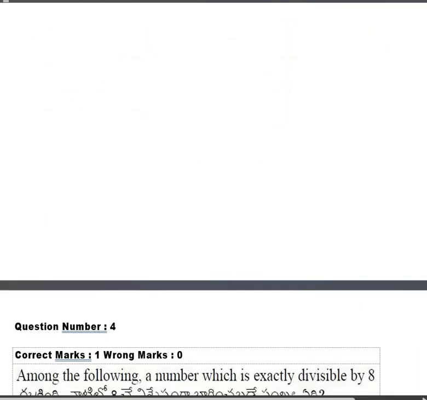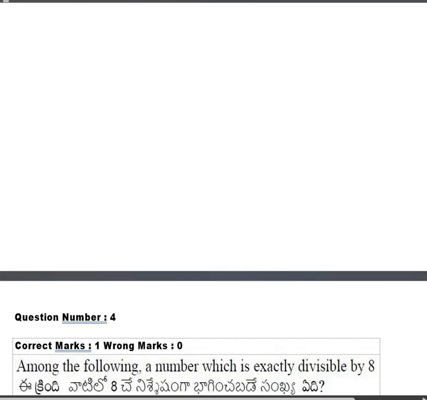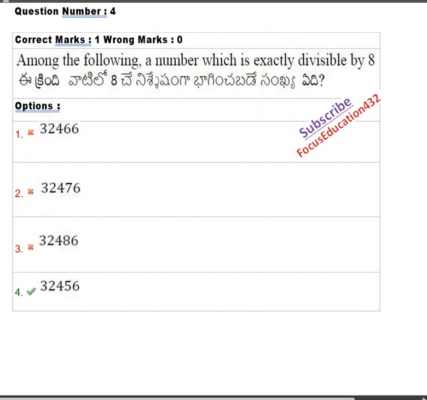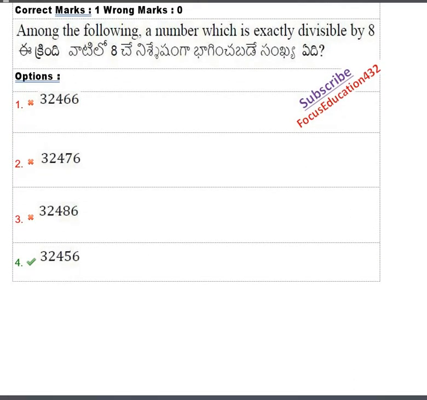Now we move to the fourth one. Among the following numbers, which is exactly divisible by 8? Right. So we should know the divisibility rules.